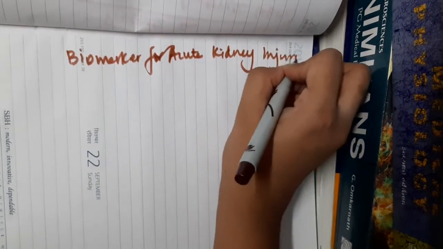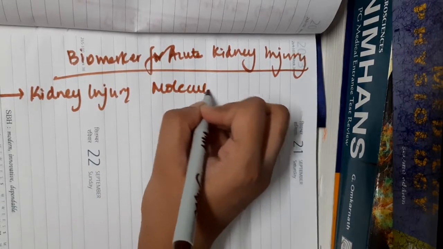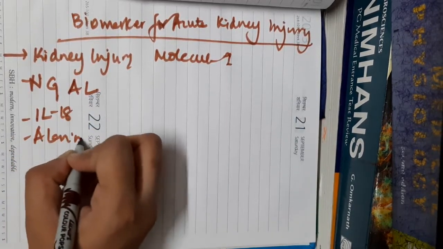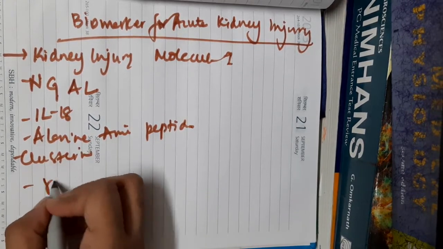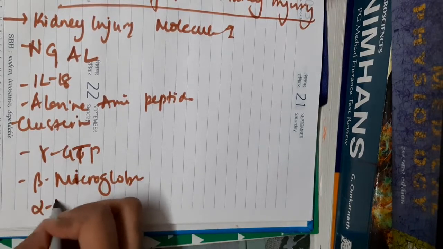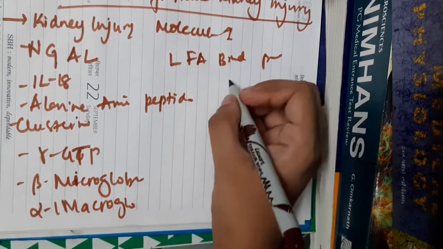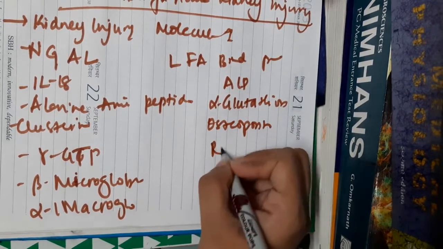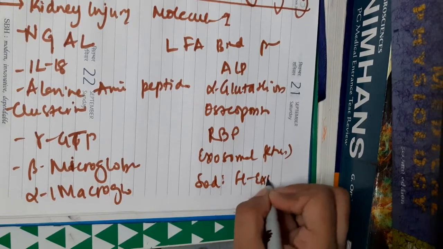These include kidney injury molecule 1, neutrophil gelatinase associated lipocalin, interleukin 18, alanine aminopeptidase, clusterin, gamma glutamyl transpeptidase, beta 2 microglobulin, alpha 1 microglobulin, liver fatty acid binding protein, ALP, alpha glutathione S-transferase, osteopontin, retinol binding protein, exosomal fetuin, and sodium hydrogen exchanger isoform.